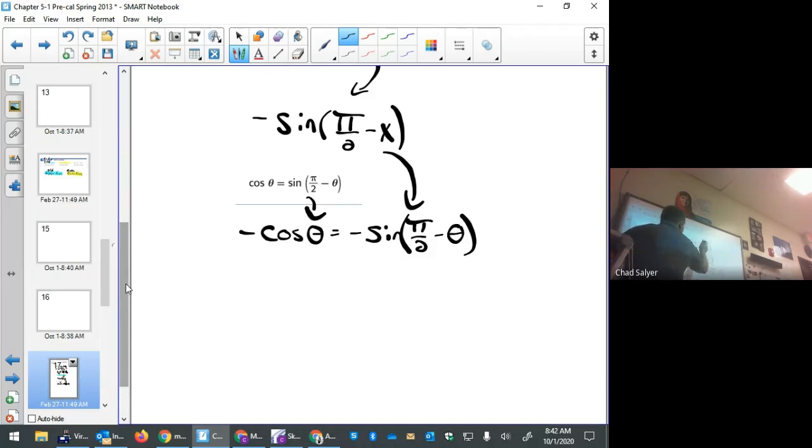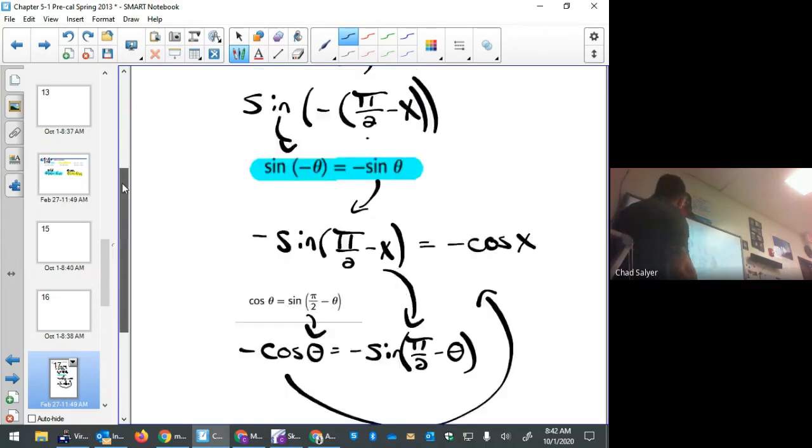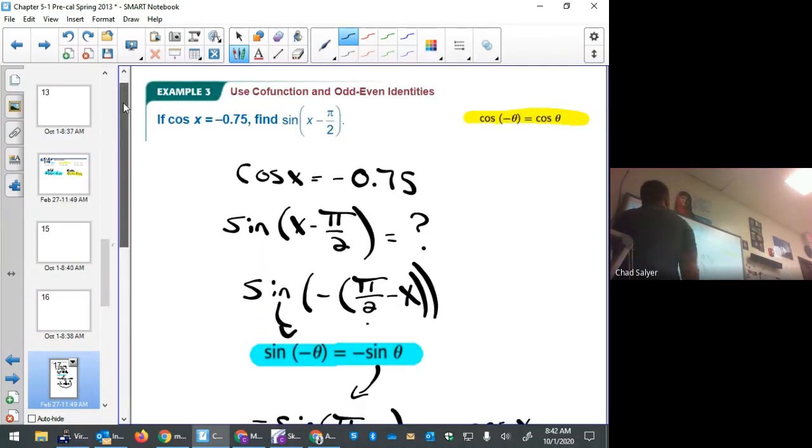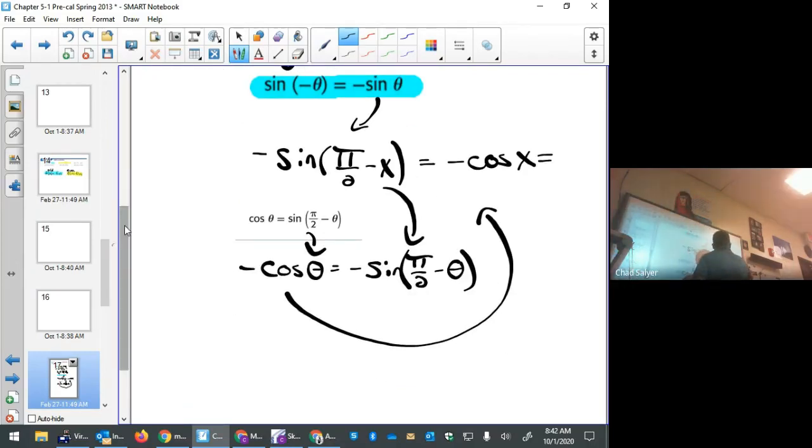So I know that this expression is equal to negative cosine of x. And we know that cosine of x is negative 0.75. So this is going to be positive 0.75. That's our answer.